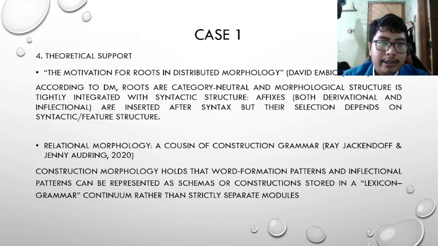And the second theory is construction morphology, a cousin of construction grammar, by Ray Jackendoff and Jenny Audring 2020. Construction morphology holds that word formation patterns and inflectional patterns can be represented as schemas or constructions stored in the lexicon, a lexicon-grammar continuum rather than strictly separated modules.